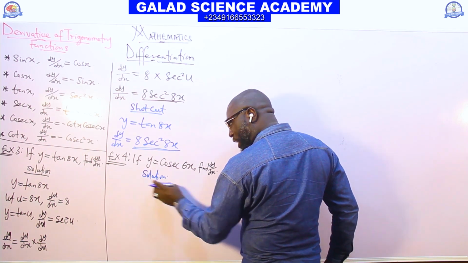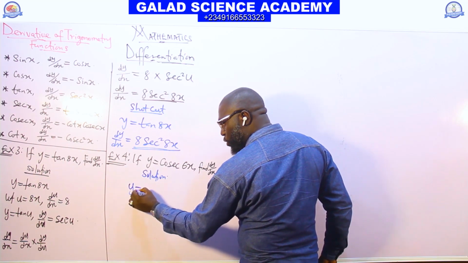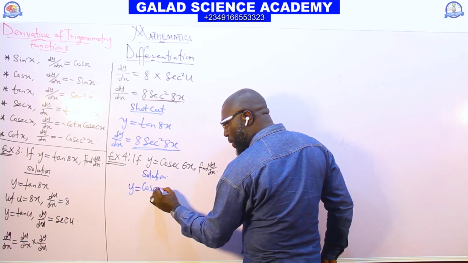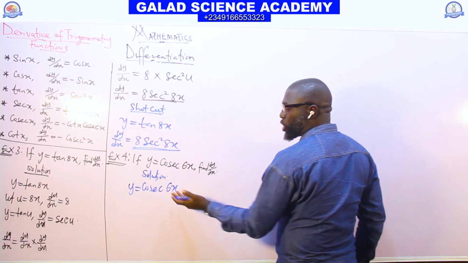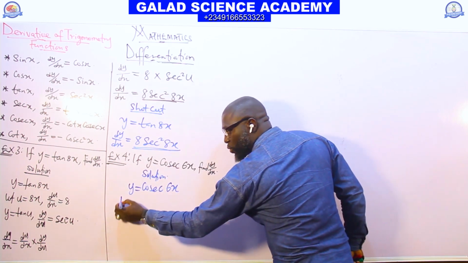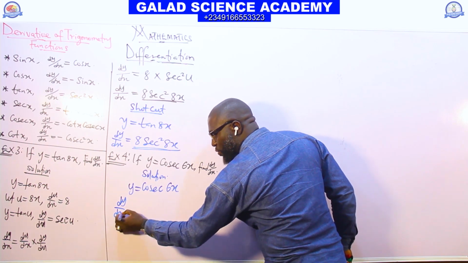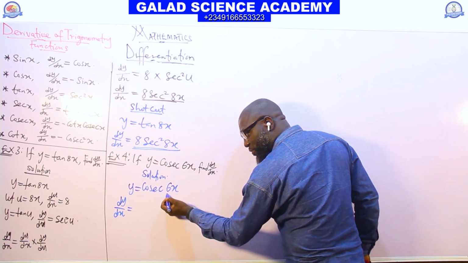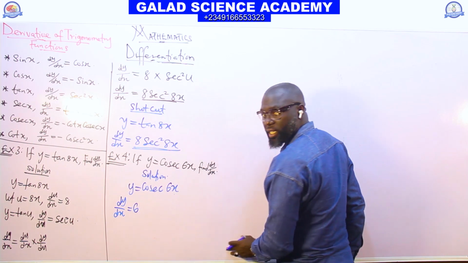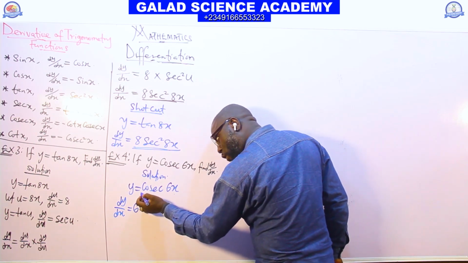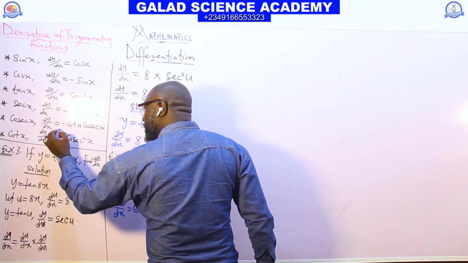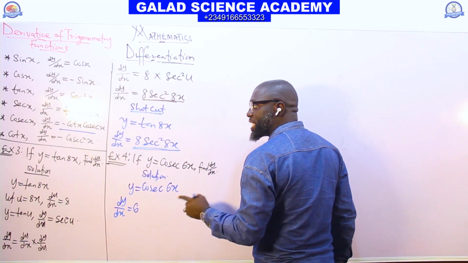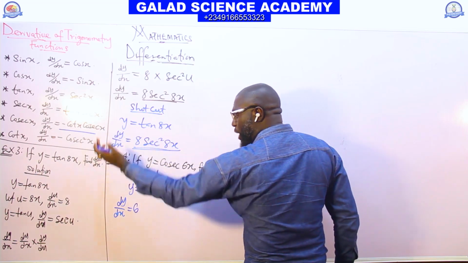Solution. We can solve this by using shortcuts without using the normal method. What is the shortcut? Derivative dy/dx for this expression: the derivative of 6x will be 6, and the derivative of cosec x from this table is minus cot x cosec x.